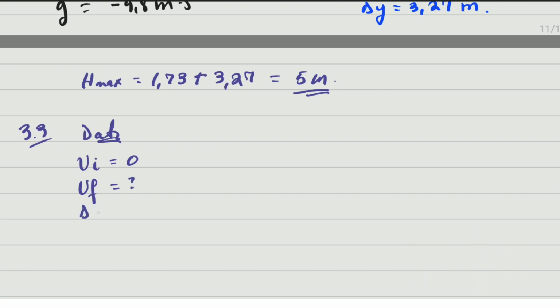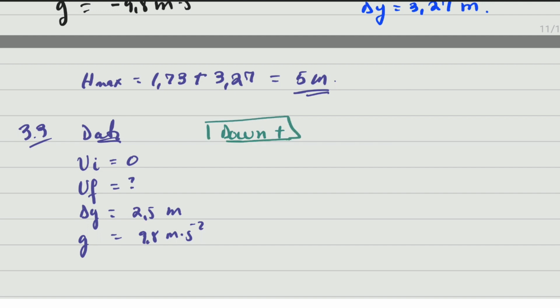The displacement is also given to us, equal to 2.5 meters, and we have the acceleration due to gravity, which is 9.8 meters per second squared. We are going to take down as positive in this question. Remember, I told you, you can change the direction from question to question. Okay, you cannot change it in the middle of a sub question, for instance, but you can change it.